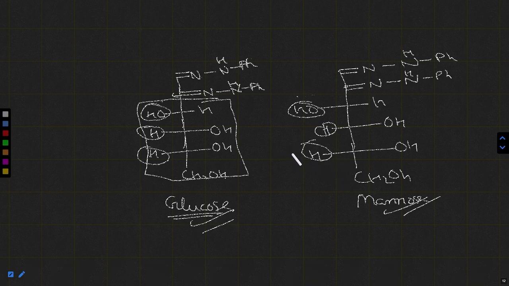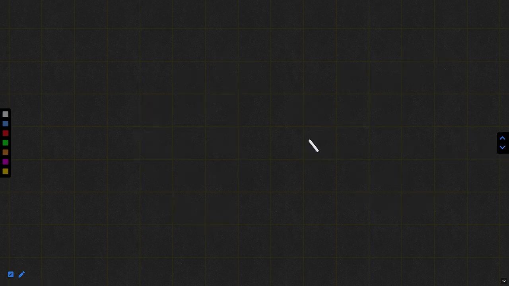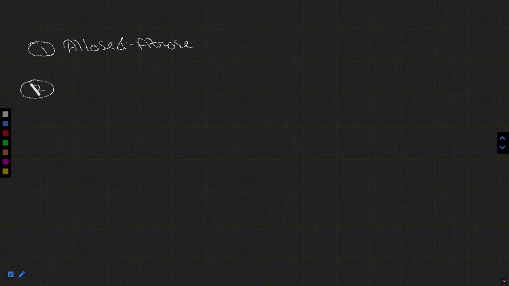Now, if I ask you, can you give me more examples of carbohydrates having the same osazone? We can name a number of them. Starting from allose and altrose, first this one, they both give the same osazone. Then we have galactose and talose.